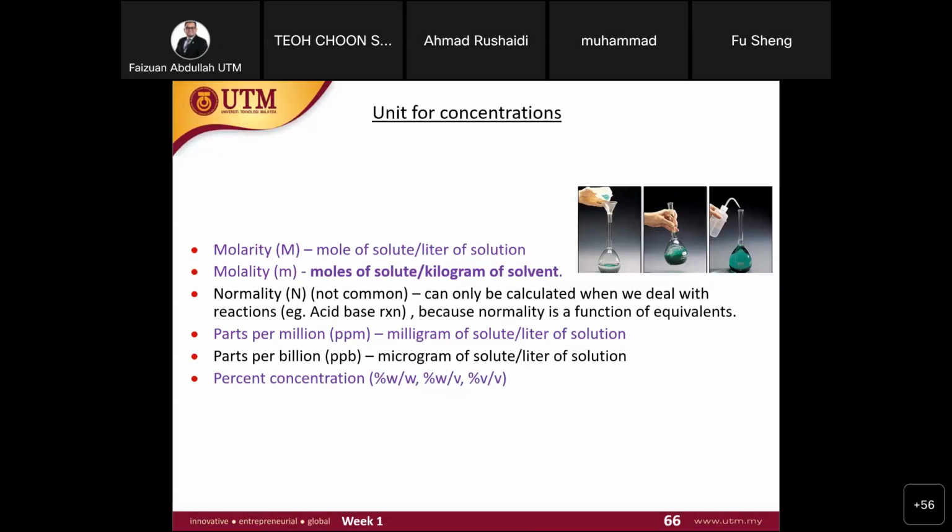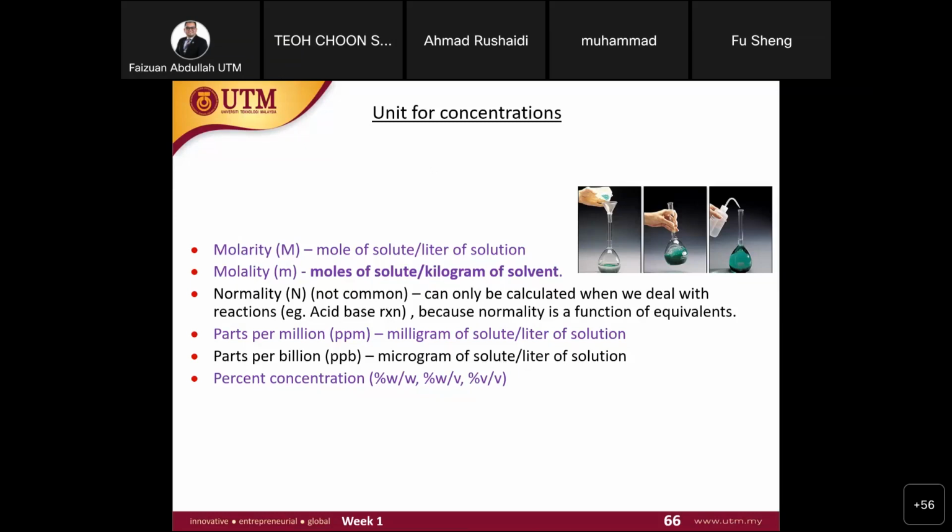We have also normality and also part per million, ppm, which is a milligram of solute divided by the liter of solution. Part per billion, microgram of solute divided by liter of solution, and also percent concentration, which is the percentage of weight by volume, and also volume by volume.